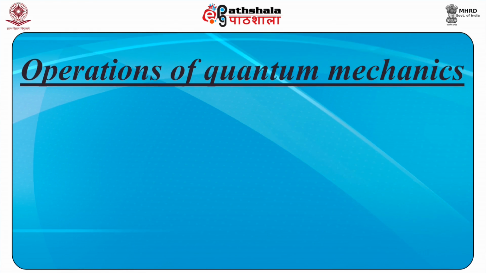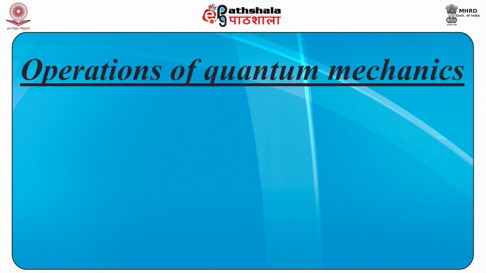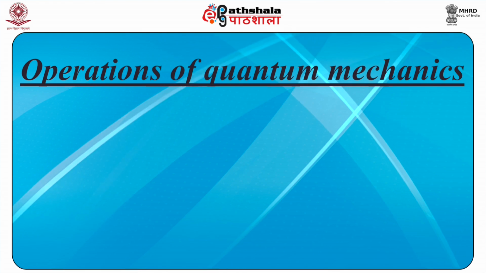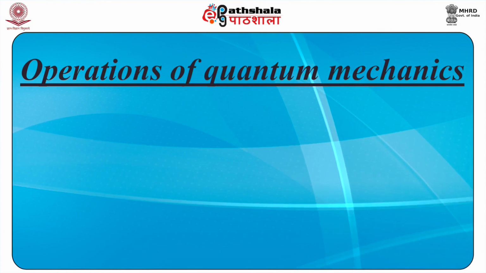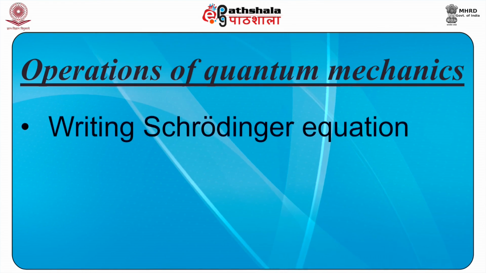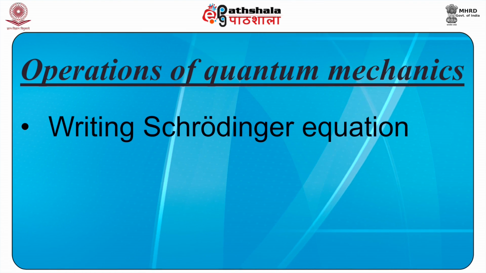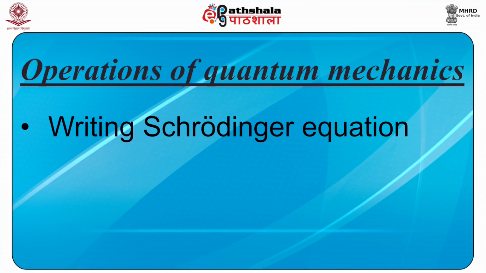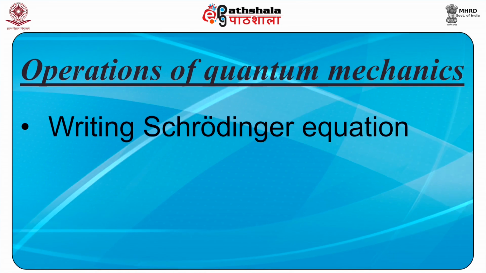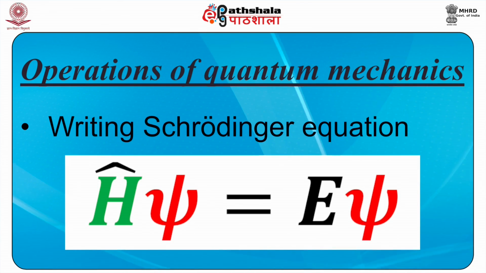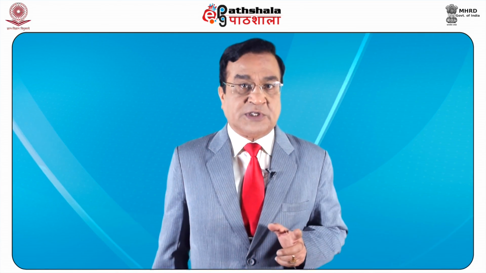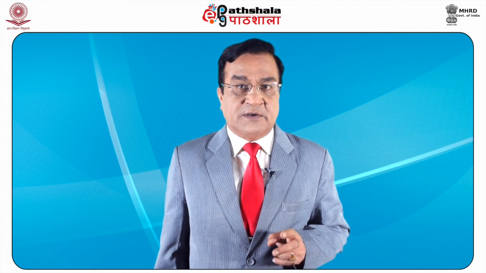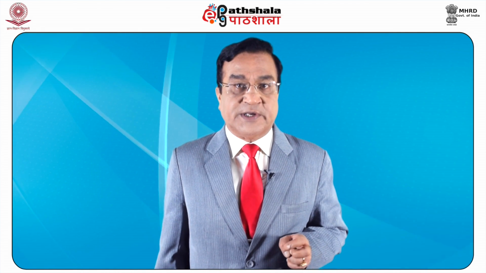The first step is always that whatsoever system you are studying, you write the Schrödinger equation for that system. Now Schrödinger equation, as we just now studied, is h cap psi is equal to E psi. Then the question comes, what does it mean when we say that we have to write Schrödinger equation?